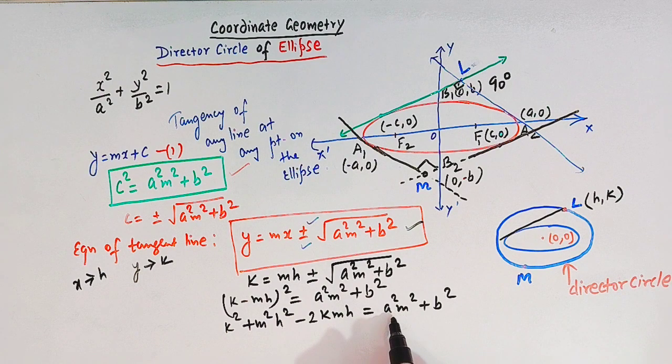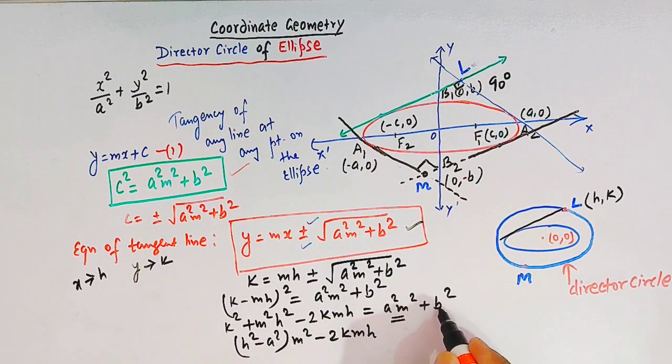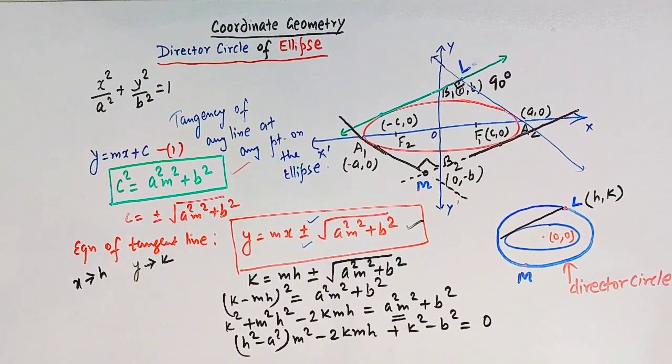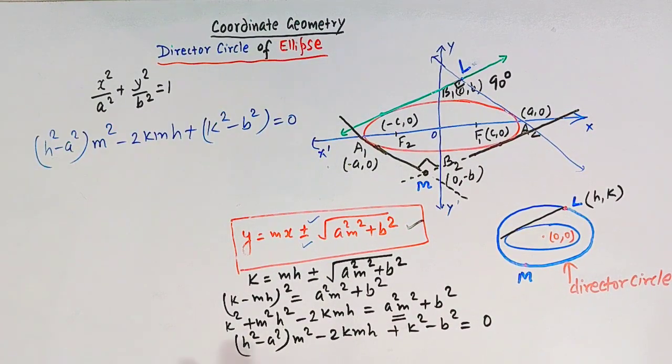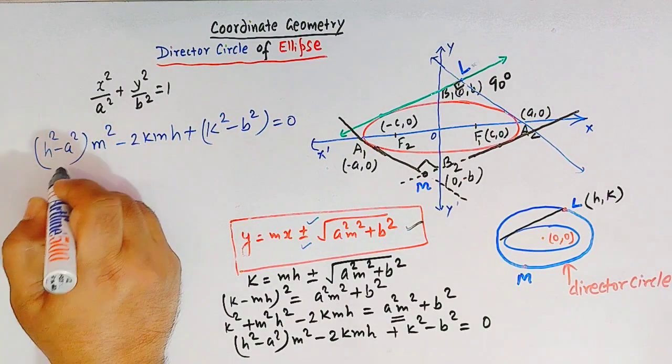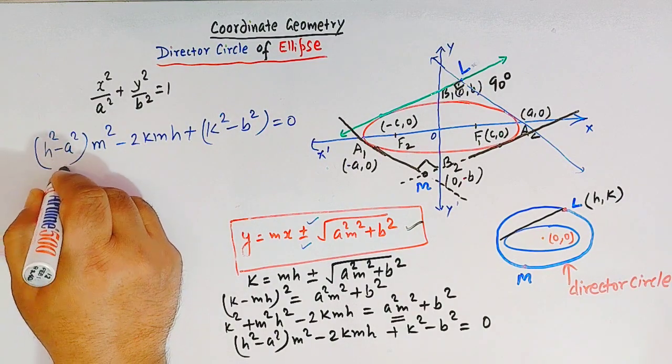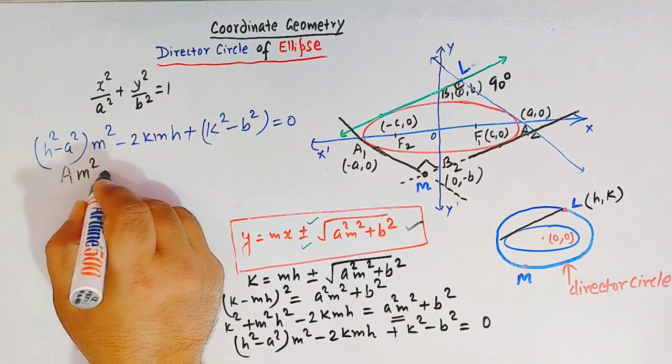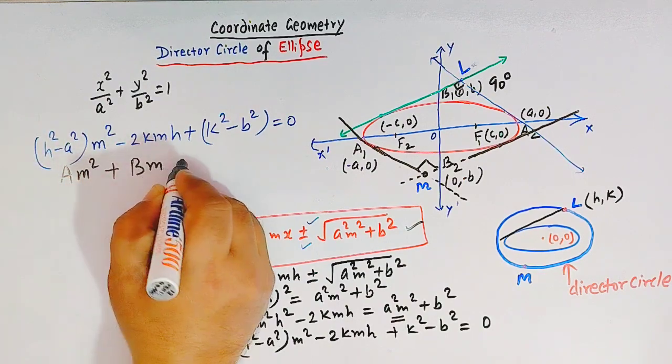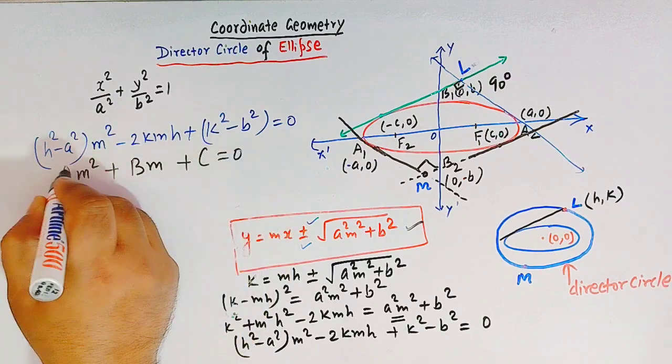Taking this quantity to this side, we'll get h square minus a square times m square minus 2kmh, and taking this b square to this side, we'll get k square minus b square is equal to 0. So now we have a quadratic equation in m. This is of the form am square plus bm plus c is equal to 0, right?